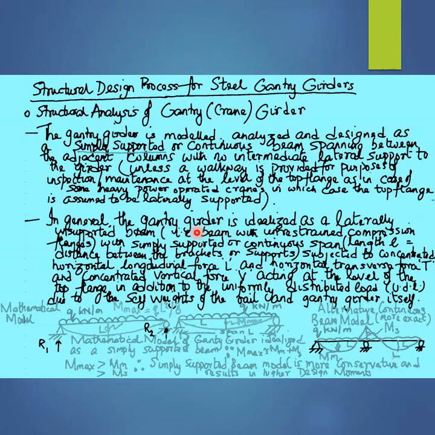That is, the structural modeling of the steel gantry or the steel crane girder is based on the idealization of simply supported spans instead of continuous spans for the purposes of structural design.